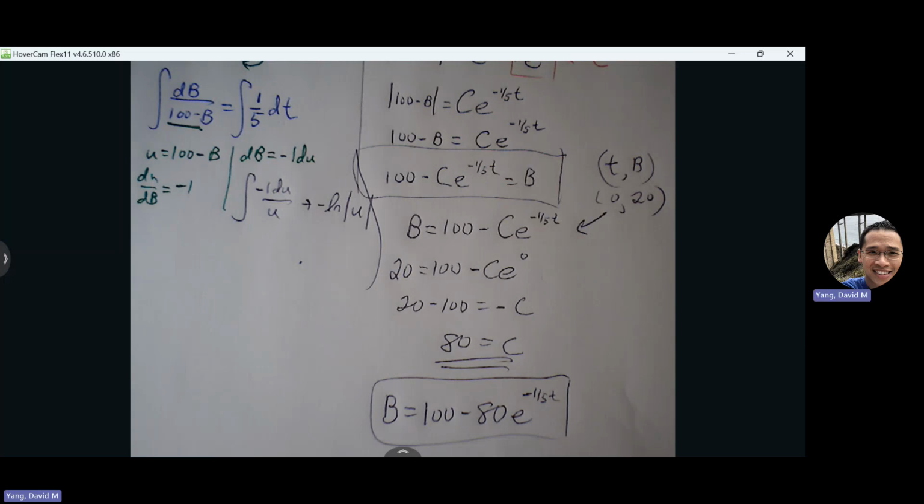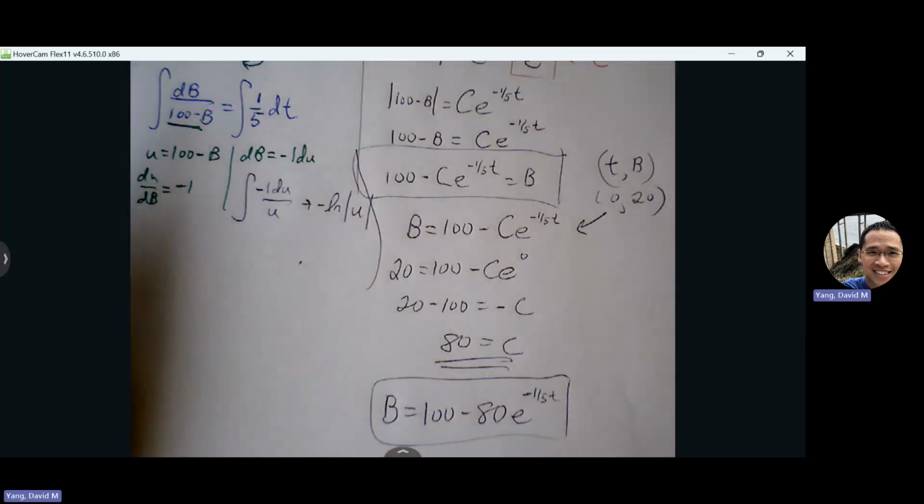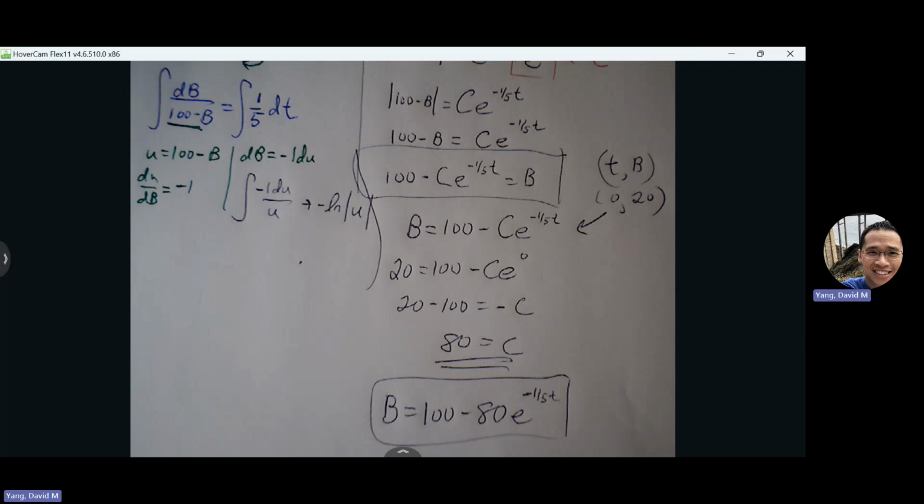So if you don't see x's and y's, don't get thrown off. Just know that it's usually going to be a word problem if it's not x and y's, and your t is your x, and whatever the other variable is, that's your y.